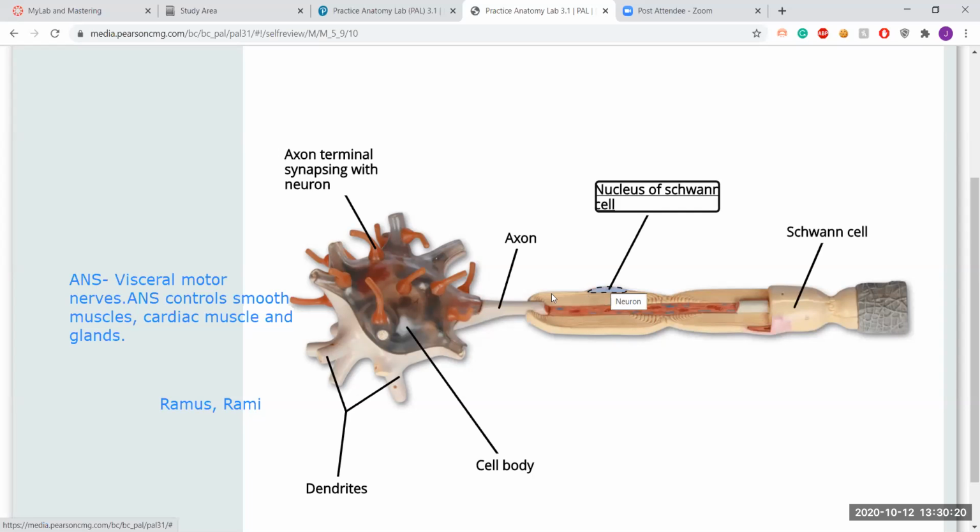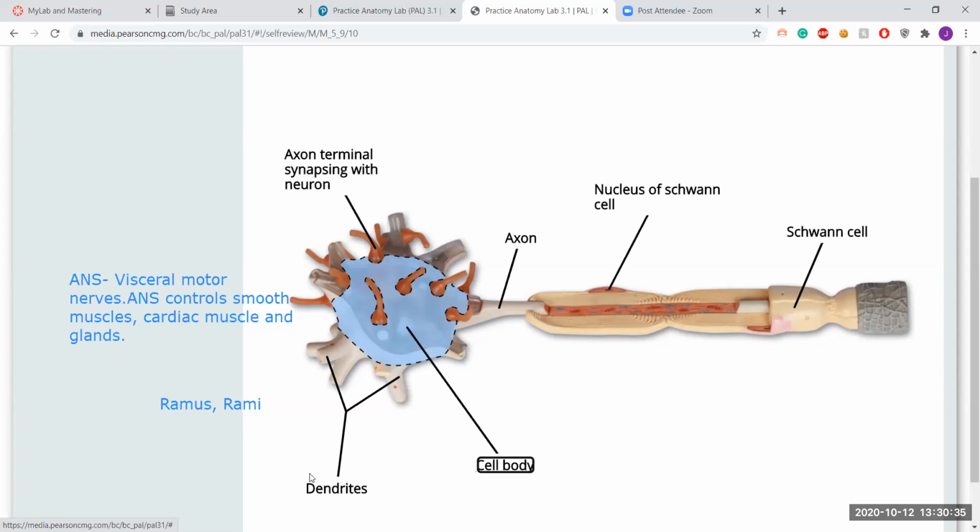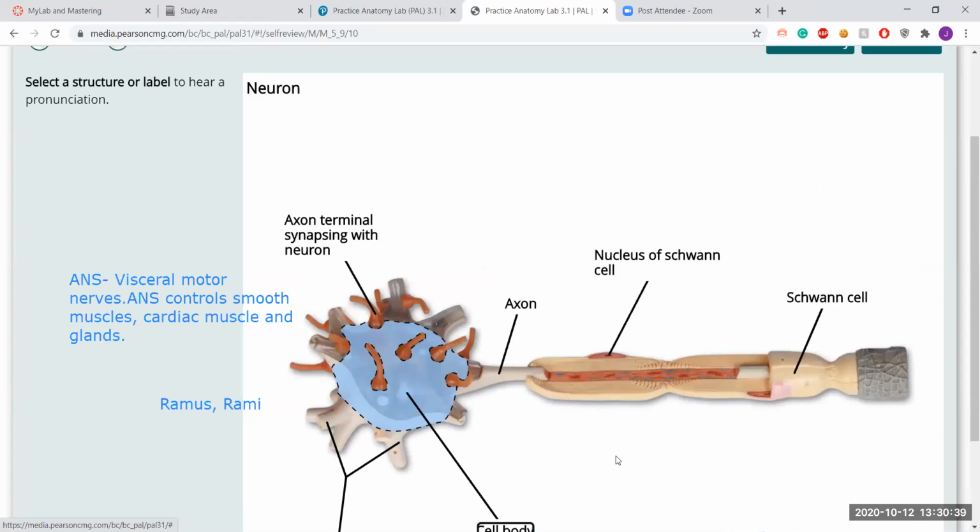This is Schwann cell nucleus, axon, cell body, dendrites, and this is axon terminal synapsing with neuron. So several axon terminals are making synapses with cell bodies. This is the axon model.